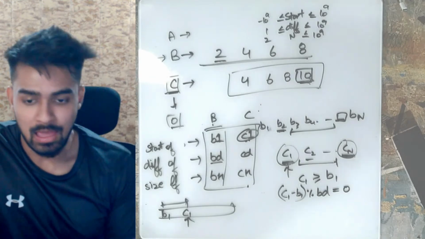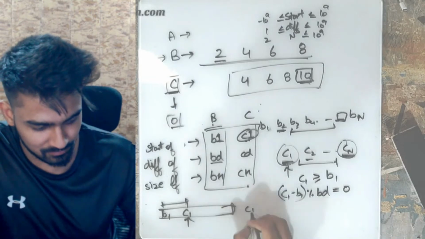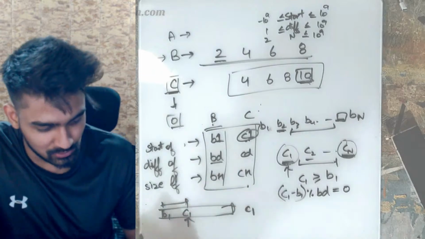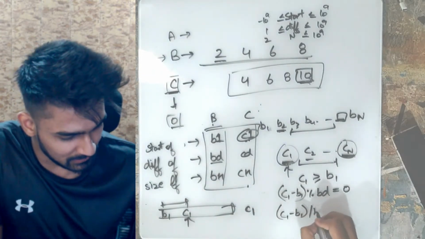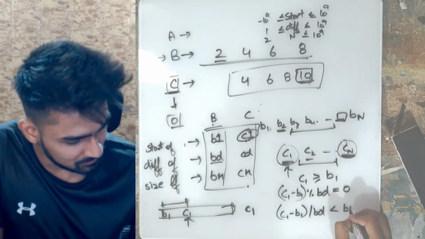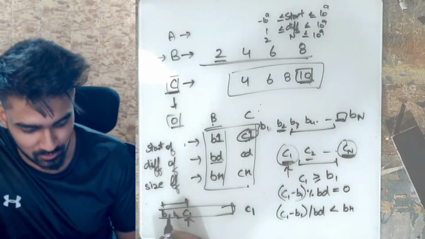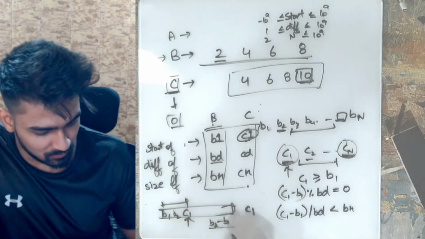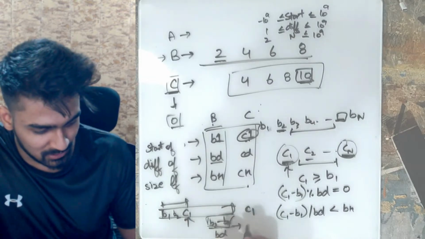And one more thing, what if this C1 is present outside this B? In order to see this, you need to check that (C1 minus B1) divided by bd should be less than bn. Because if you see, where is B2 present? B2 is present at (B2 minus B1) upon bd. B2 minus B1 is bd only, and bd by bd gives us 1.